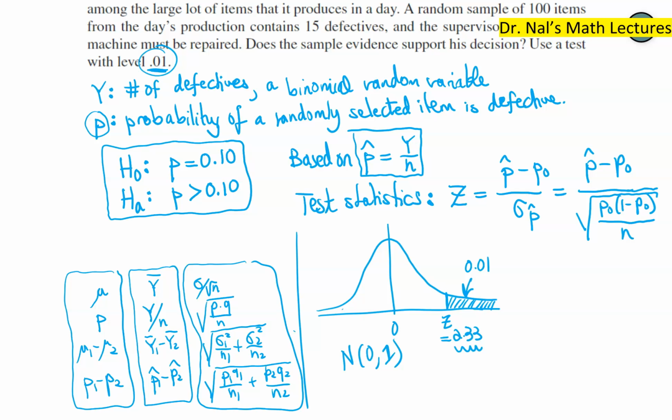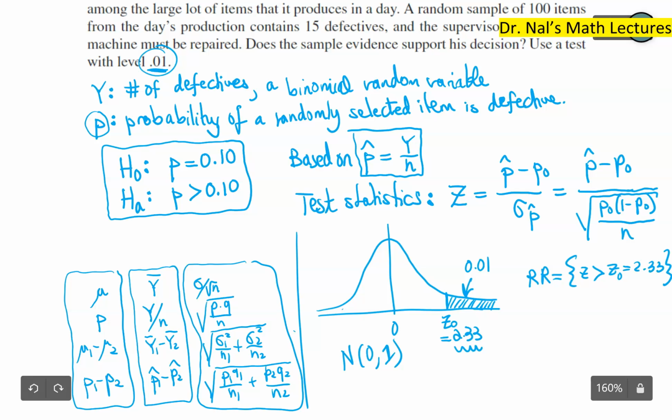So given this critical value and our test statistic, our rejection region will be any z which exceeds z0, which is 2.33. If, when we plug in the values into our test statistic, it falls into the rejection region, we reject the null hypothesis.